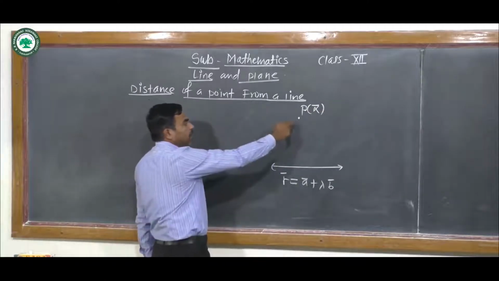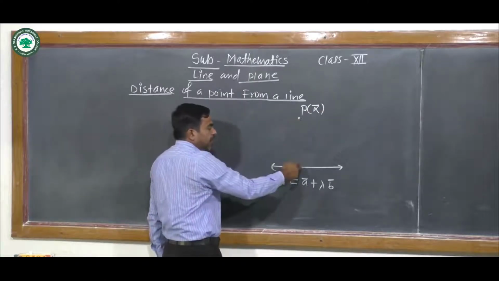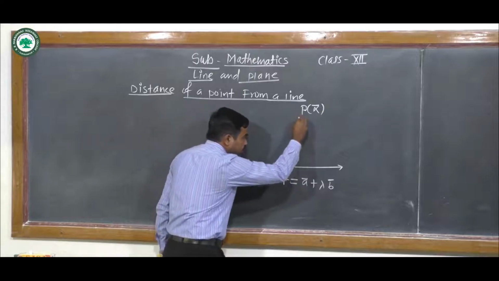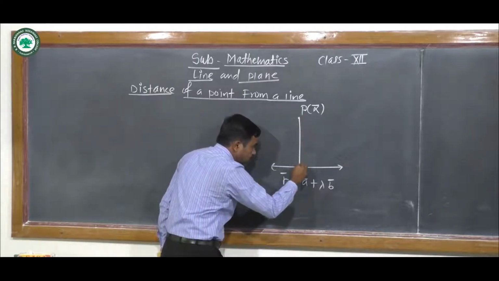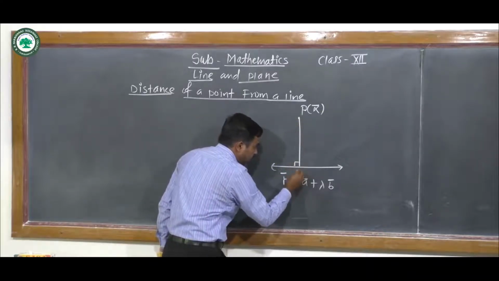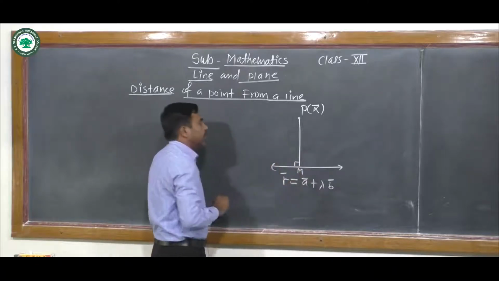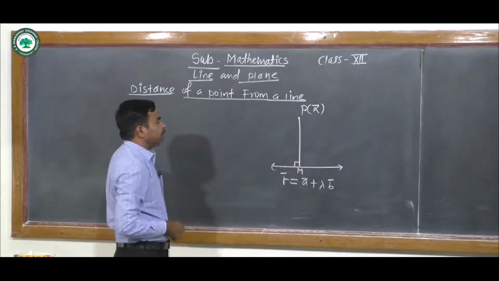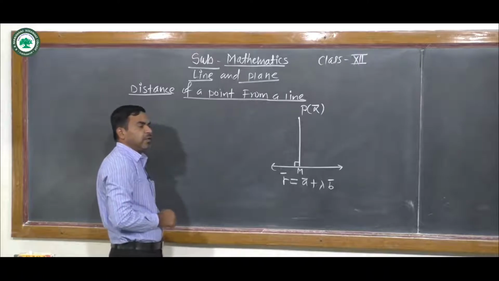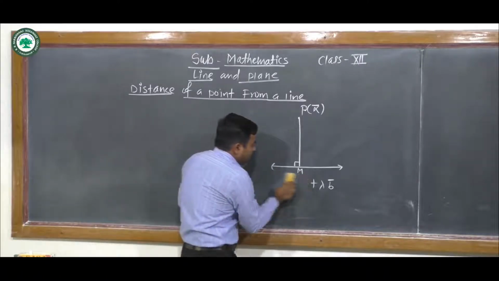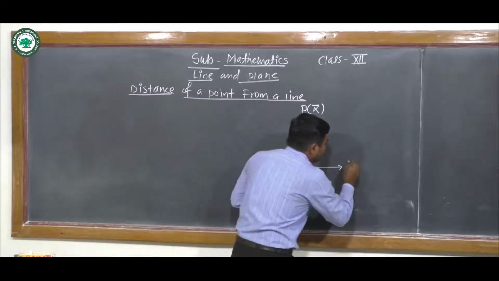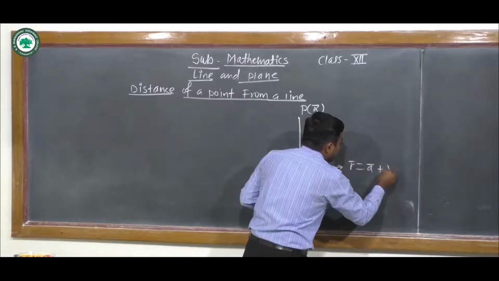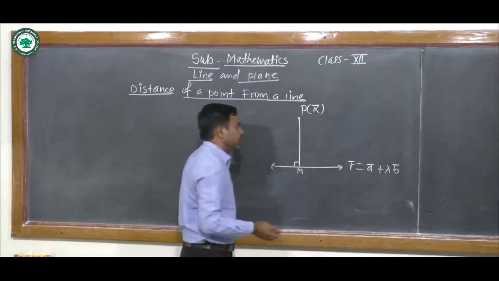Then the perpendicular distance of this point from the line is this one, if the foot of the perpendicular is M. Then this PM is the perpendicular distance from the line R bar is equal to A bar plus lambda into B bar.